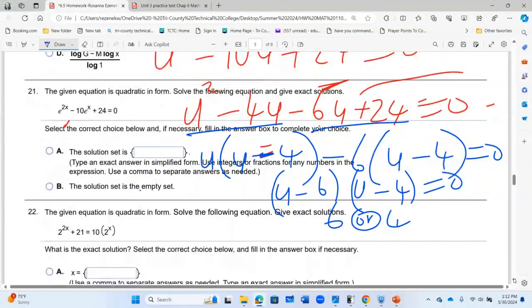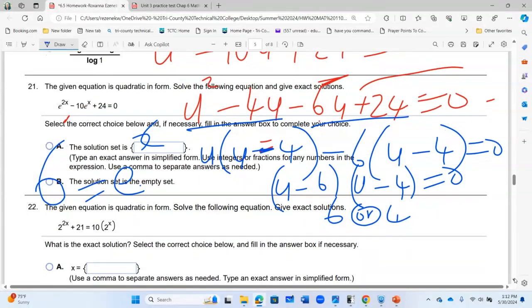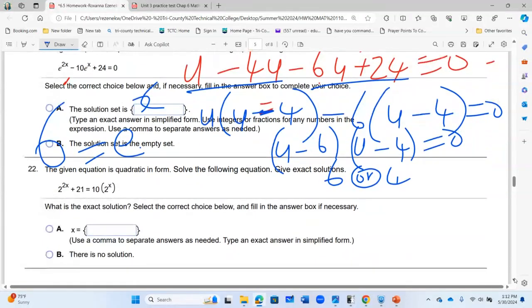So when u is 6, and remember that u is equal to e to the x, then I can solve for x. Solving for x is taking the natural log of both sides, because there's no way the base e can be 6. So natural log, and remember that natural log and e go together.